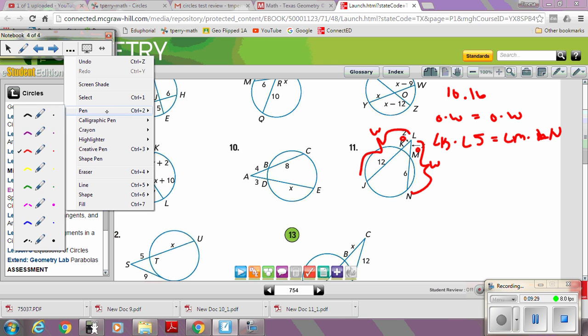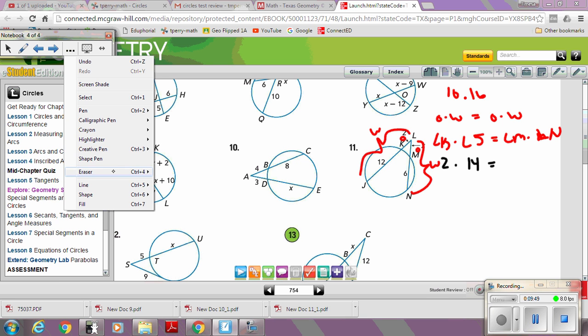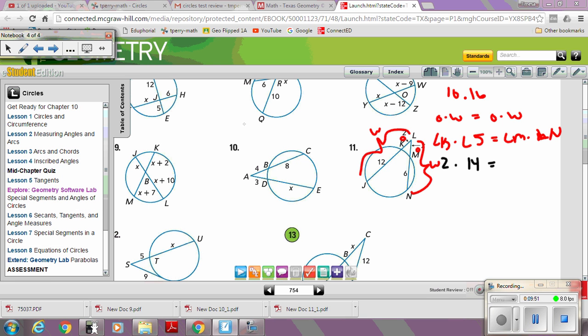So now let's replace them with their values. LK is 2, LJ is 2 plus 12, so 14. LM, I can't recall what it said before my pencil got on it.